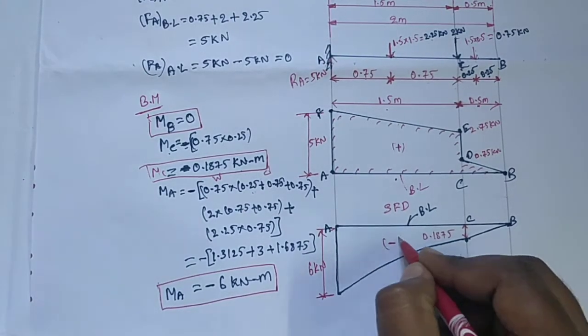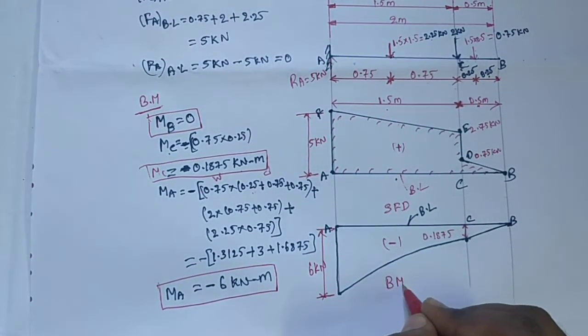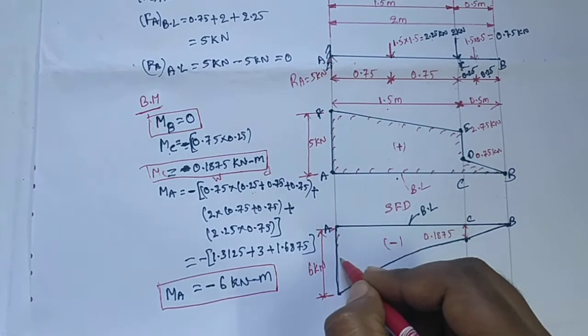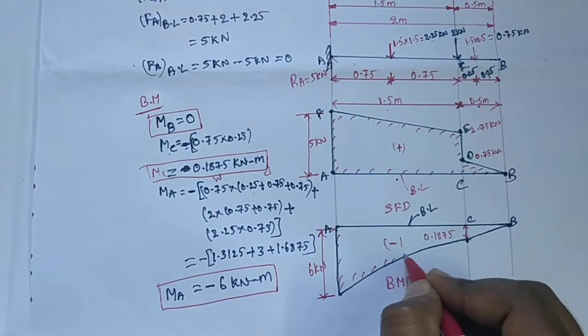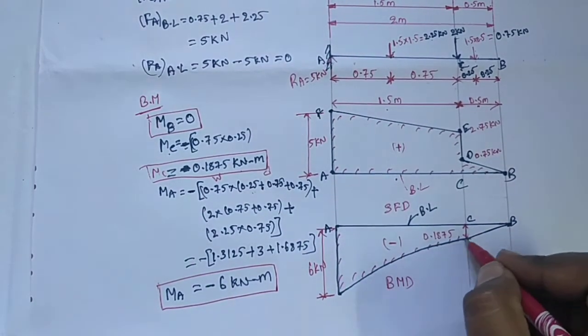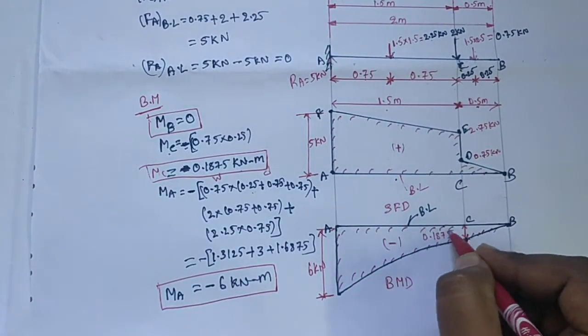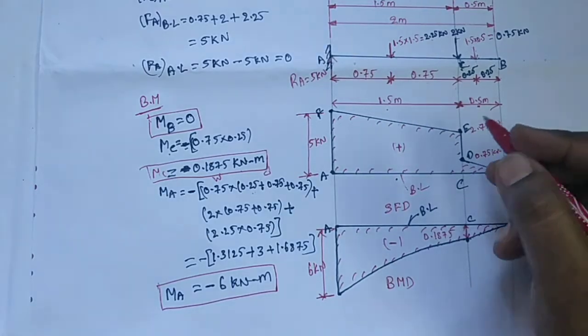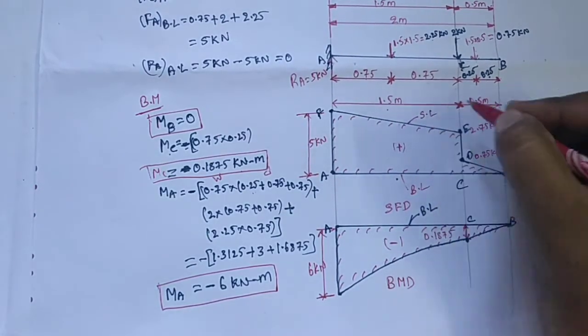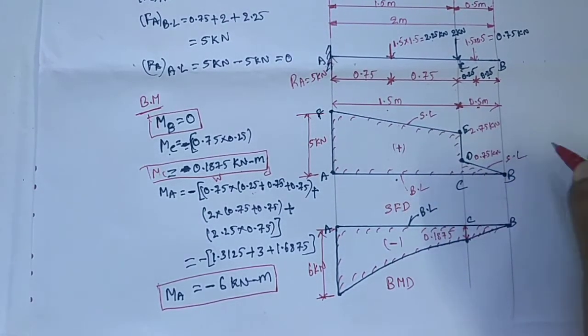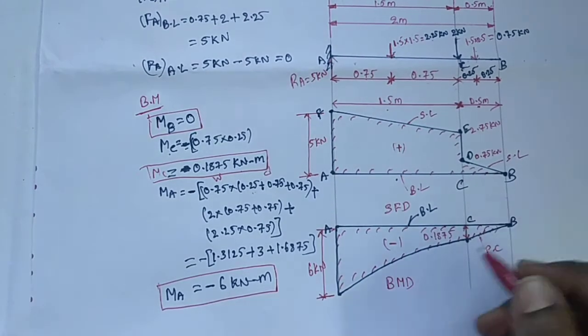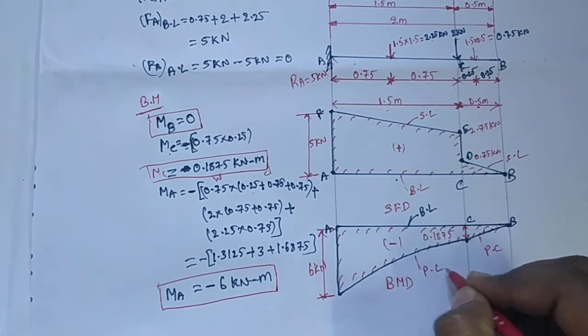This is negative, and this is the bending moment diagram for the given beam. Next, this one is a straight line, and this one is a straight line, and these two are parabolic curves.